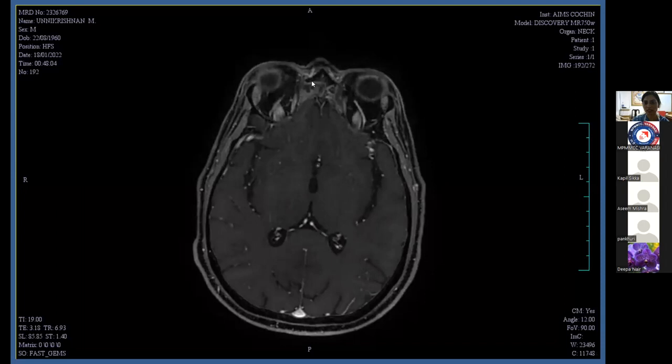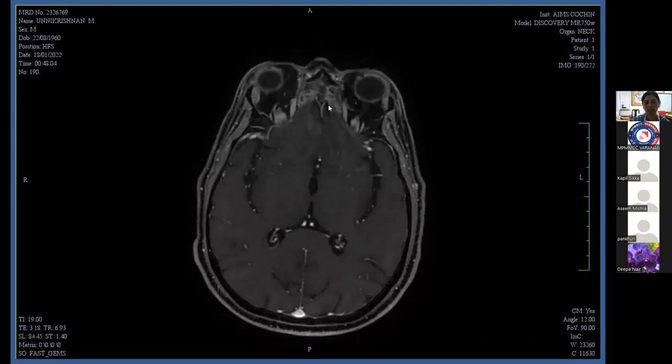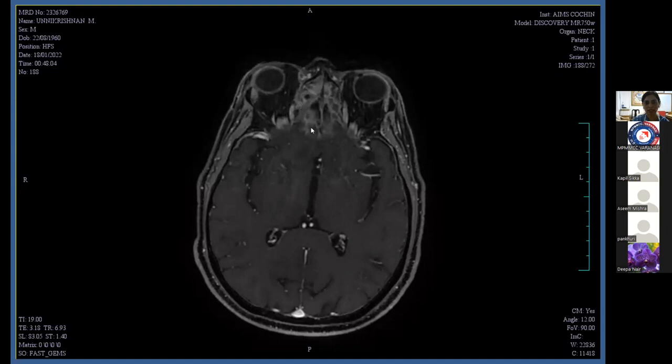This non-enhancing multiloculated cyst is just abutting the nasal bone anteriorly, extending towards the ethmoid sinus, abutting the lamina on the right side. How do you know it's non-enhancing and it's not a central necrosis? Because sir, this is the contrast enhanced scan, and I can see the low intensity in the center, and the periphery is comparatively bright.